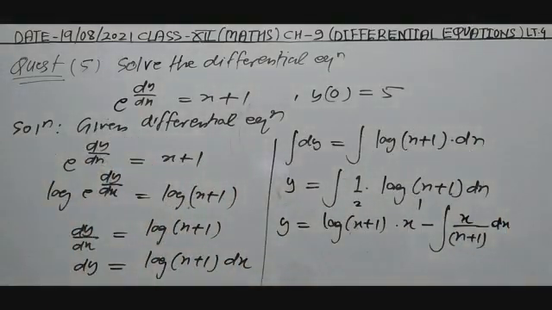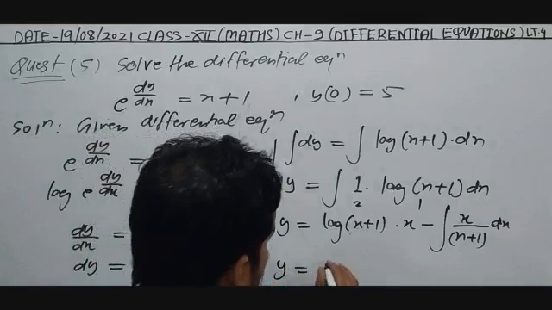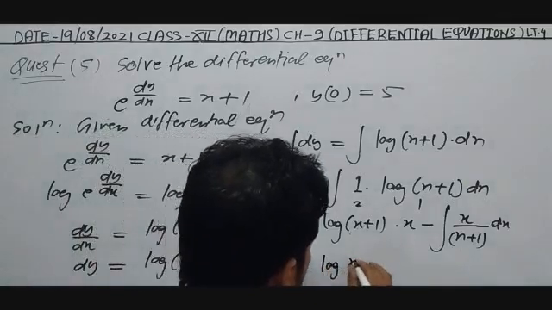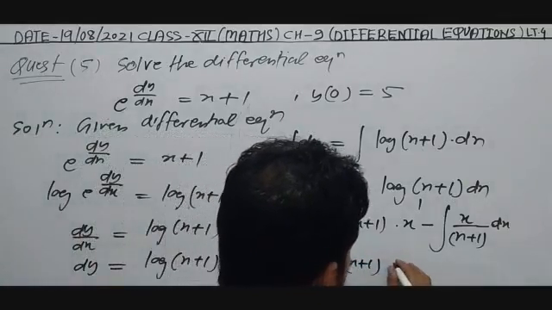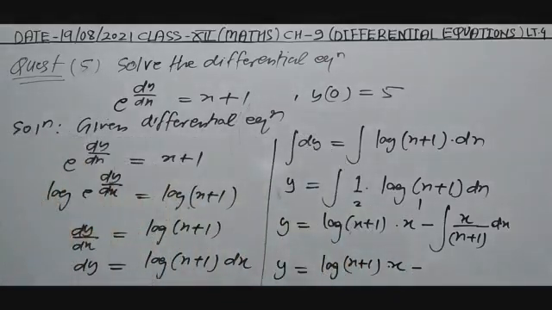Now this one again I have to integrate. So what will be the result? The result will be log of x plus 1 times x minus its integration.